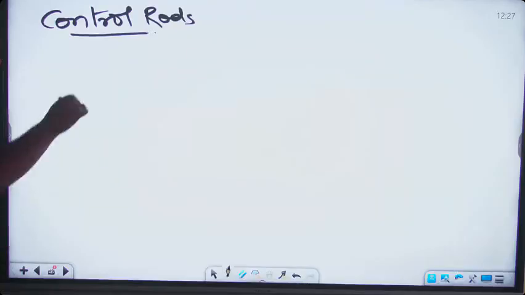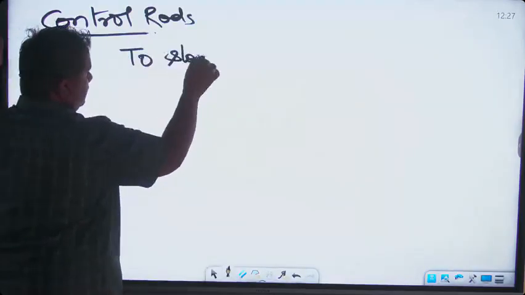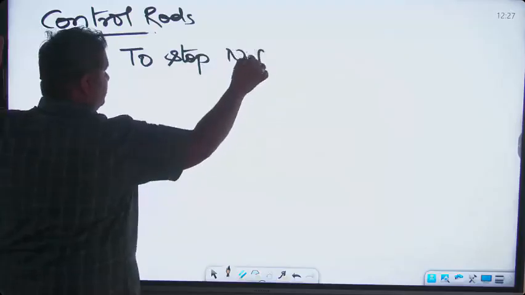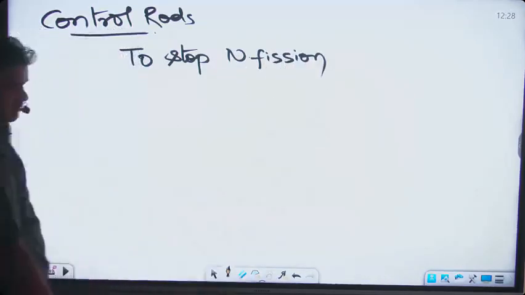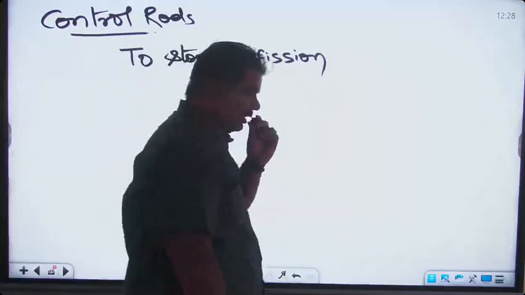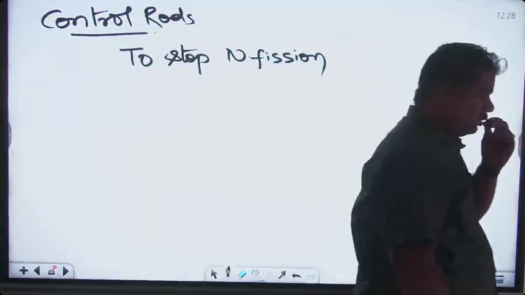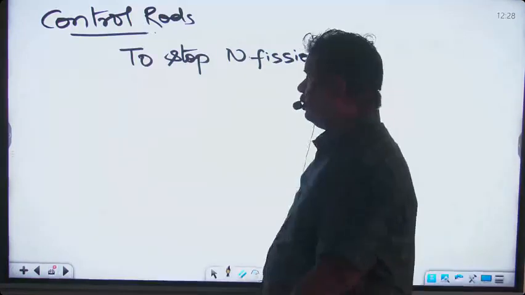So to stop the nuclear fission by absorbing the neutrons, control rods are used.